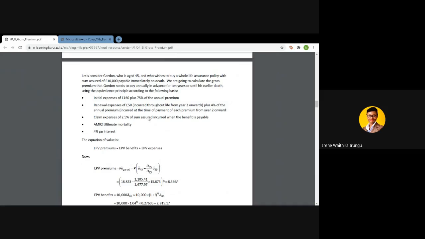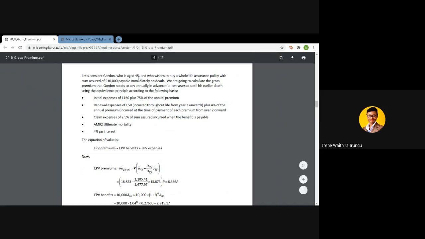So we go back to our question. We were told that it is a whole life contract issued to a person aged 45, where the sum assured is 10,000, but we are going to calculate the gross premium that Gordon needs to pay annually in advance for 10 years or until his earlier death. So Gordon is not going to pay any premiums beyond the age of 55.